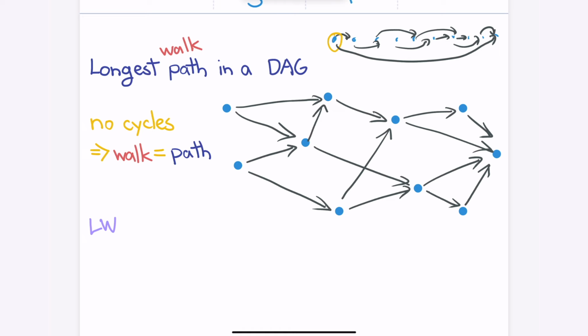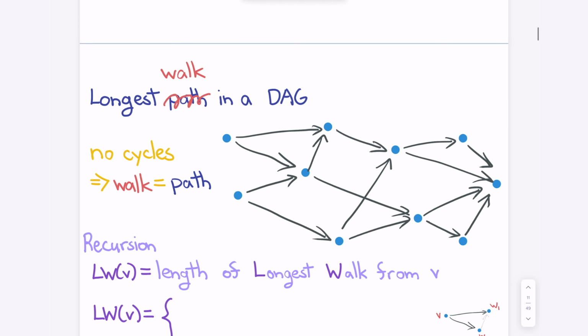And now who wants to pick some parentheses in a sentence? Longest walk from V. From V? Okay. Yeah, so this makes sense. I'm here and I want to get the longest walk and maybe, well, we'll implement it now.